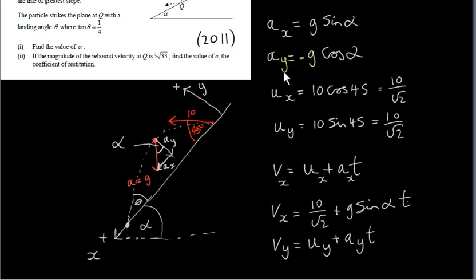So that's important. Ax is positive, it's pointing in the positive x direction, but Ay is actually pointing in the negative y direction, opposite this direction. So Vy equals Uy, which is 10 over root 2, plus Ay, which is minus g cos alpha, times t.